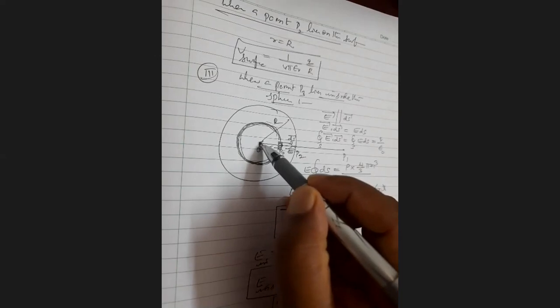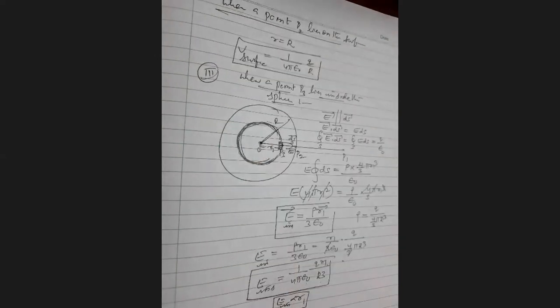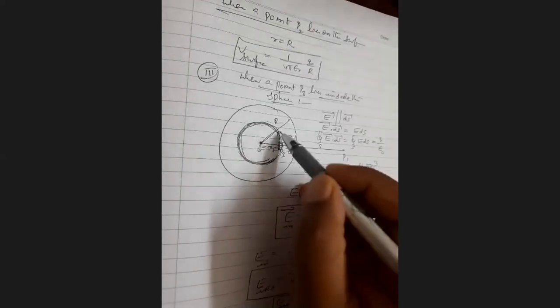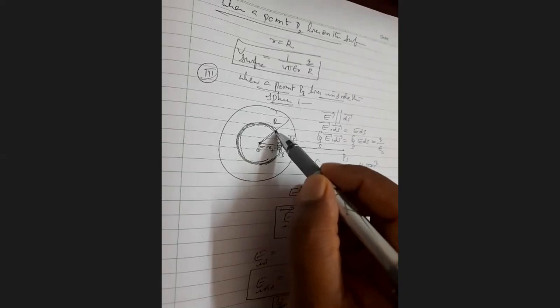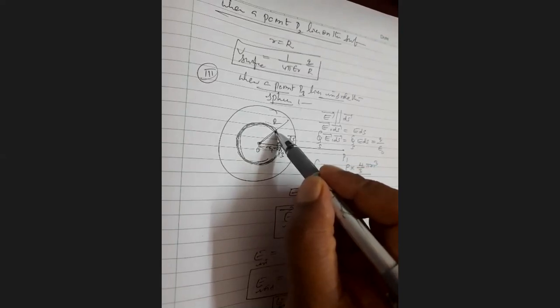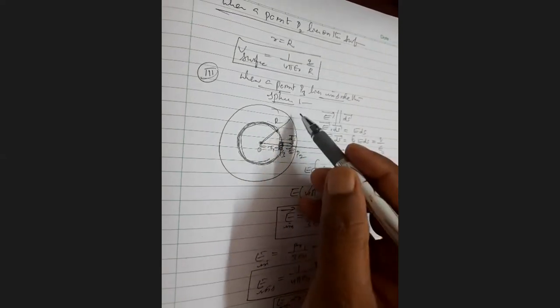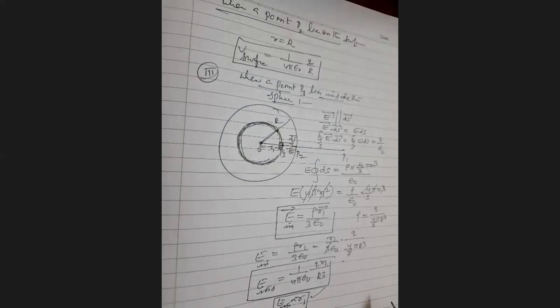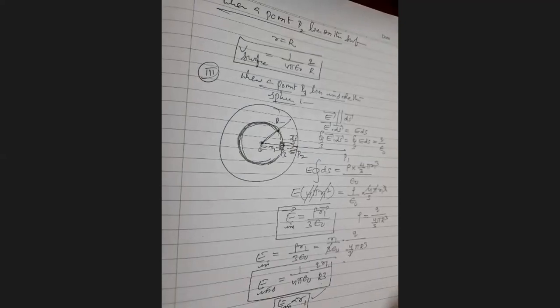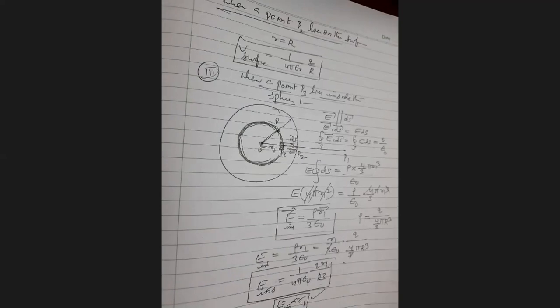As we move from the center to the surface, field strength increases linearly according to this relation, E directly proportional to R1. So at the surface, we have the field strength 1 by 4 pi epsilon naught Q by capital R square. As we move further outside the sphere, again the field strength decreases, E inversely proportional to R square.